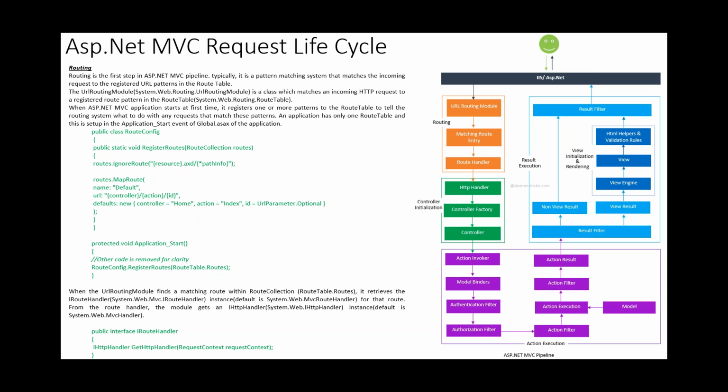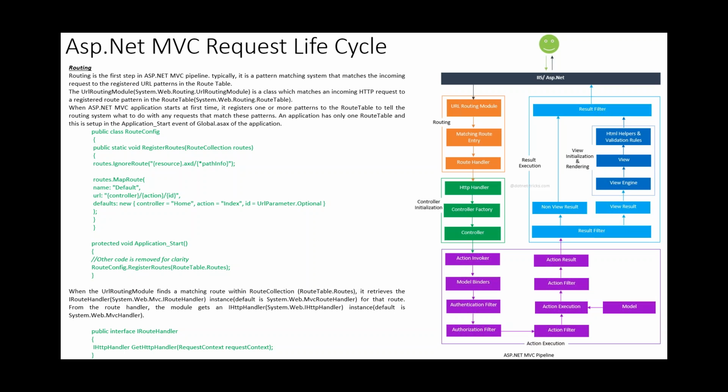So here we have four major steps. One is to identify the URL pattern, then initiate the controller, then invoke your action, and then send the result to your user through IIS.